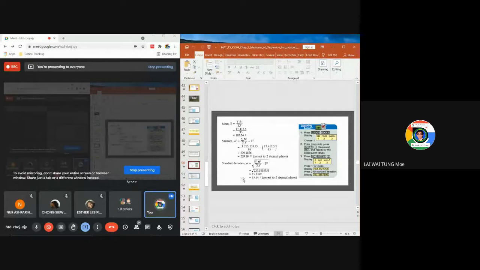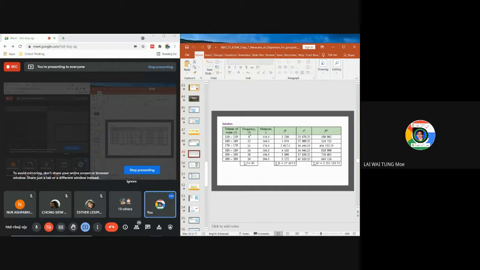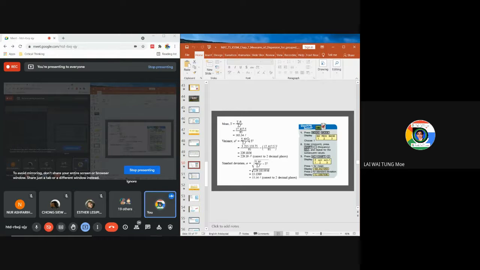In the previous year, KBSM, in the marking scheme, if you construct this table, you have marks for this table actually. When you list out this value one by one, it has marks for you. And then until this part also, you have marks.